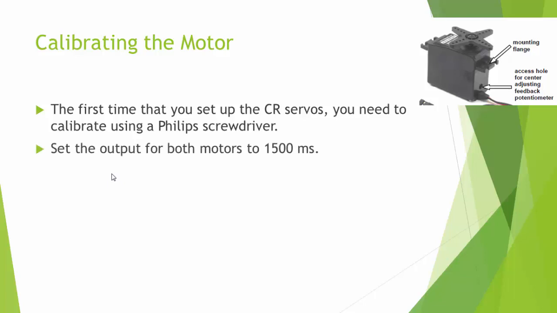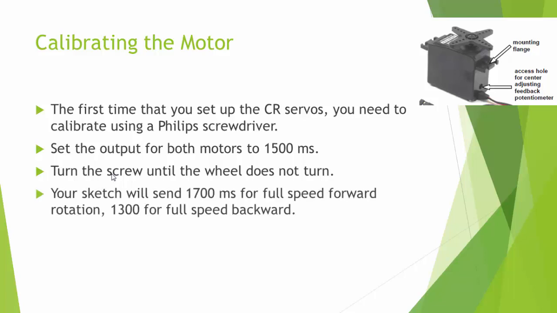You need to output both motors to 1500 milliseconds. We'll see how to do that in a second. What you want to do is turn the screw on the servo until it doesn't turn. So 1500 milliseconds is in fact your don't turn command, and until it's calibrated, it probably won't hit that.